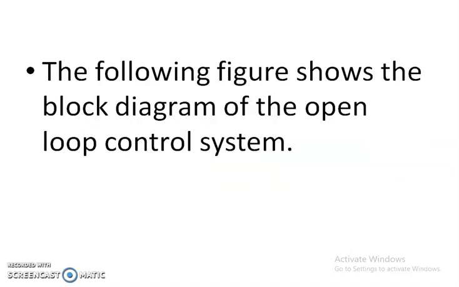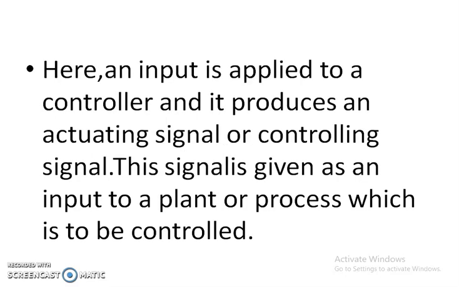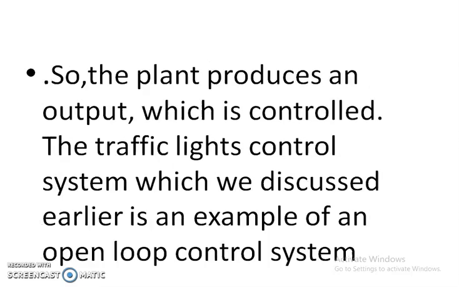The following figure shows the block diagram of the open loop control system. Here an input is applied to a controller and it produces an actuating signal or controlling signal. This signal is given as an input to a plant or process which is to be controlled.